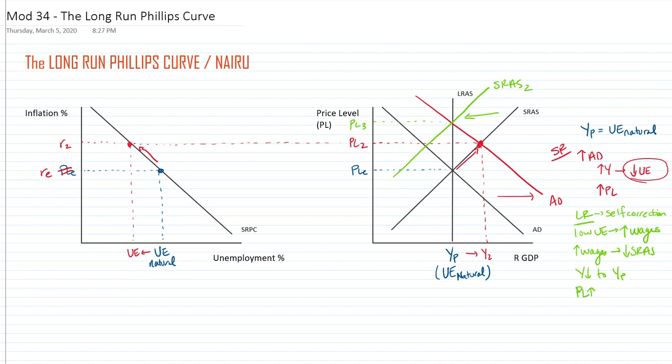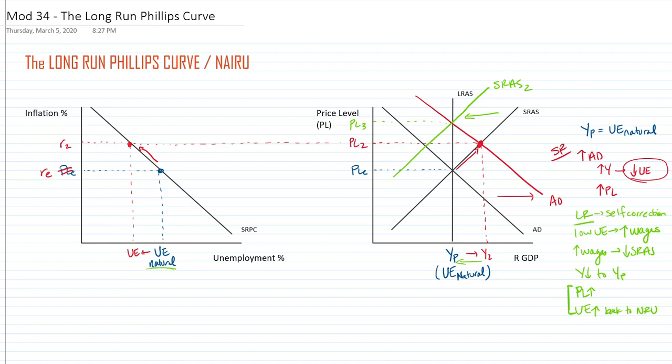And then most importantly, potentially, if we move ourselves back to YP, we know that our unemployment rate has to increase and go back to the natural rate of unemployment. So we've got two key factors happening here. We've got a higher price level and a higher unemployment rate. But how do we get both a higher inflation rate, R2, and get ourselves back to the natural rate of unemployment?